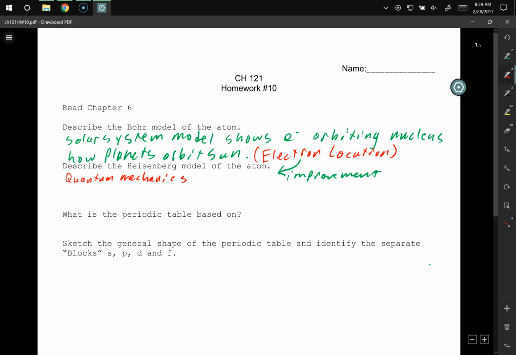quantum mechanics. How did they come up with this?